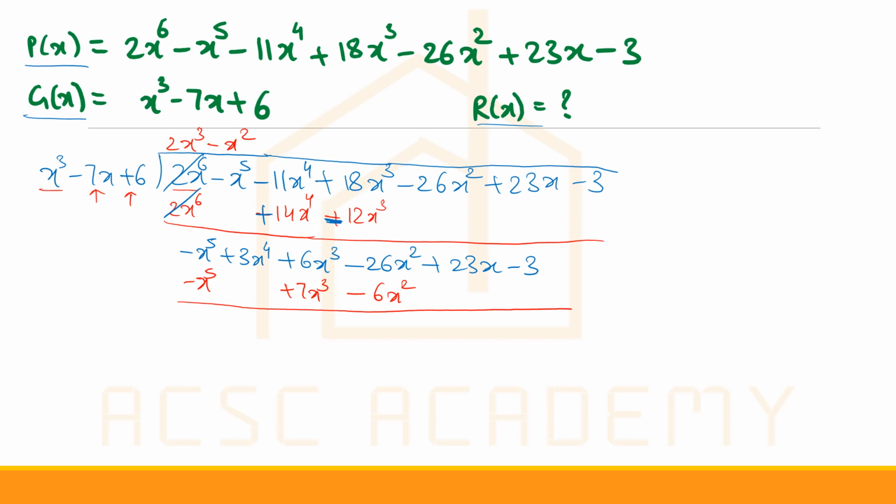And this one is gone. So we get 3x raised to 4. Here the signs are changed. So this becomes minus 7 plus 6, that is minus x cube. Then here it is minus 26 and plus 6, which is minus 20x squared plus 23x minus of 3.